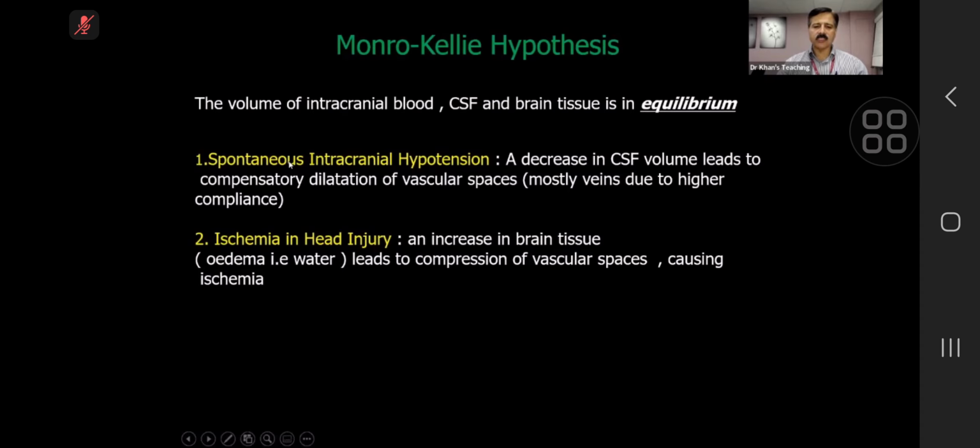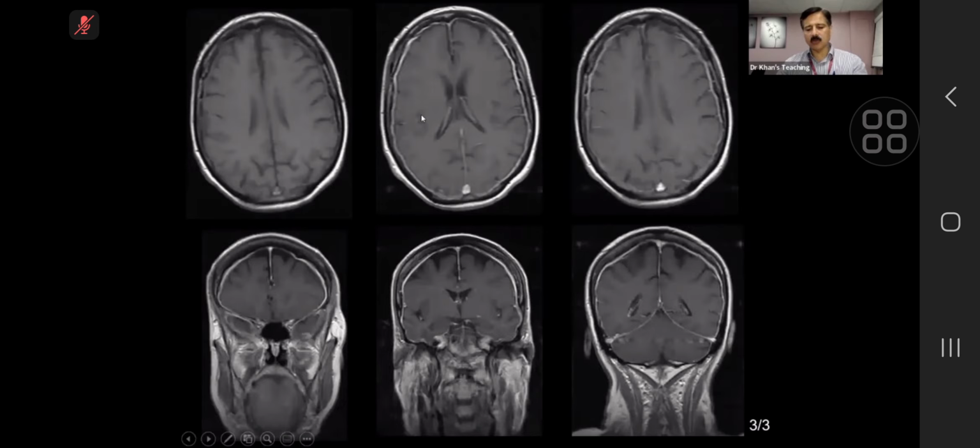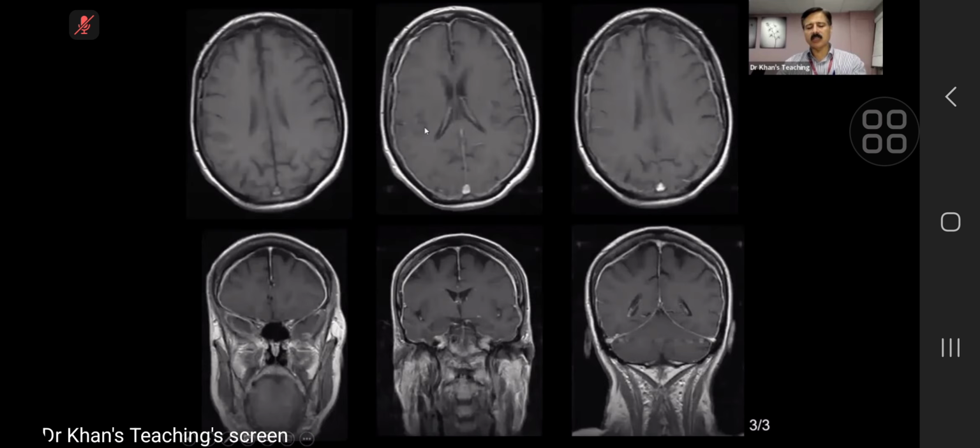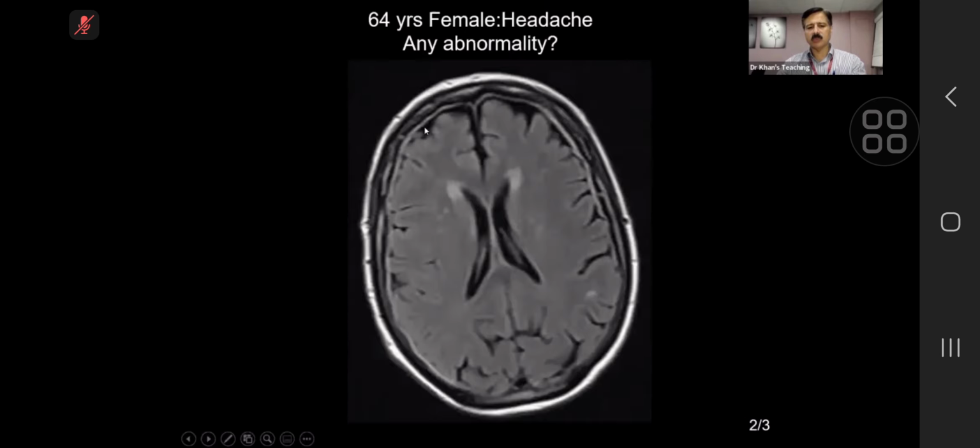Because the CSF has reduced, according to this hypothesis something has to take up its space. So there is venous congestion. The veins get dilated, and within the dura these veins are dilated and congested. That is why you see this dural thickening, and when you give contrast, you will see enhancement.